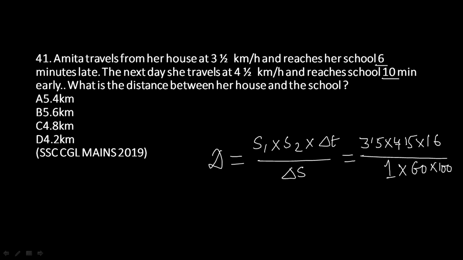So 15 threes are 45, 15 fours are 60, 4 fours are 16, 25s are 100 and 25 5s are 125, 5 7s are 35. So it's 21 upon 5. 21 by 5 means 4.2 km. This is the distance, right?